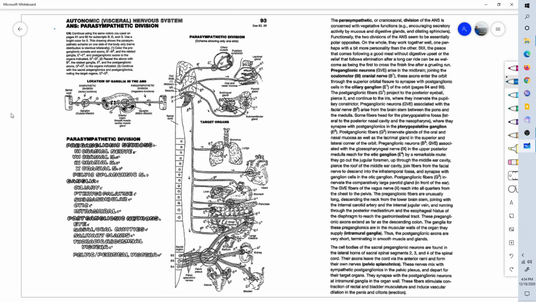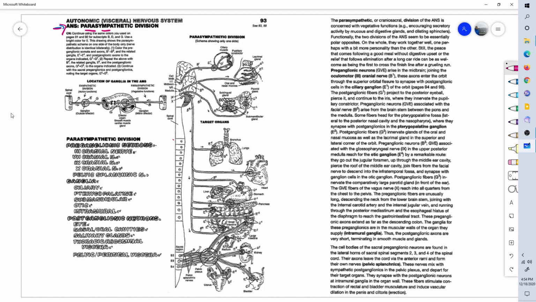Continuing to talk about the autonomic nervous system, the ANS, particularly this time the parasympathetic division. Para means next to, or surrounding.